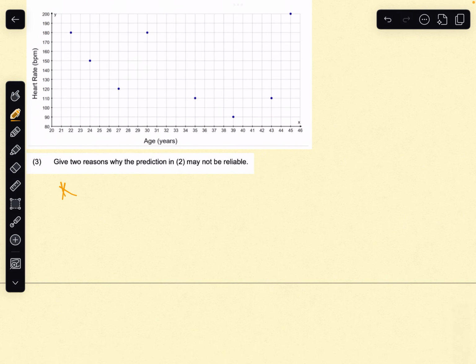So we would talk about the dangers of extrapolating, basically describing that if our data set is based on people between the ages of 22 and 45, we don't have the authority to speak on data points that lie outside of that range, just because there might be a whole other set of variables influencing those data points that might not be present in the current data set. So that would be the one point to talk about.